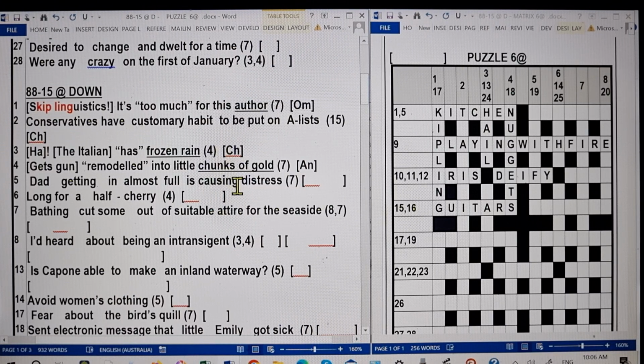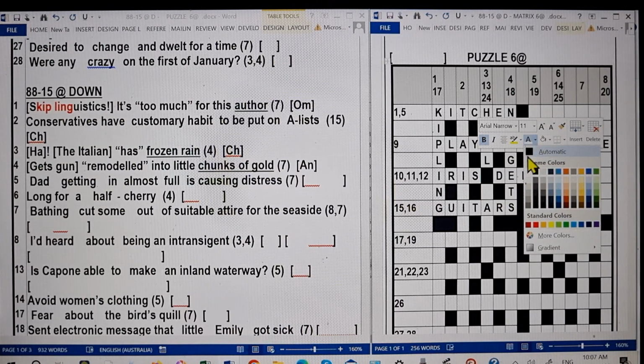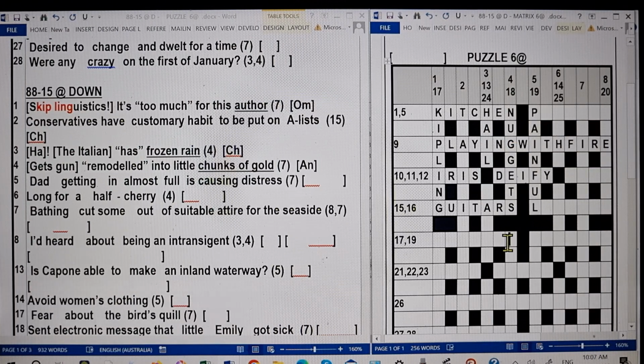How did you go? I bet that was a bit tougher. Yes, it was a bit tougher, that one. So, 5 down. Here we go. You say, how did you get that? Well, let's look at it. The answer is painful. You say, how did you get that?